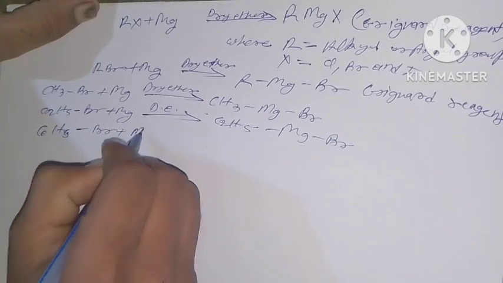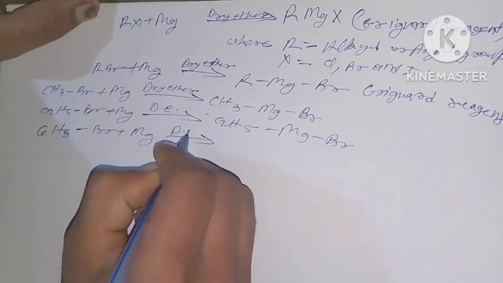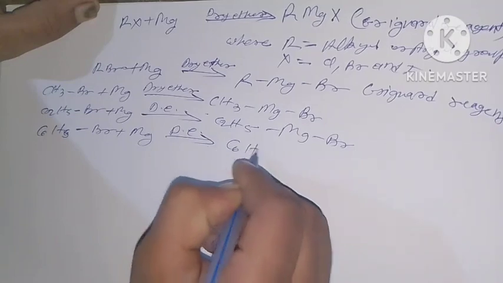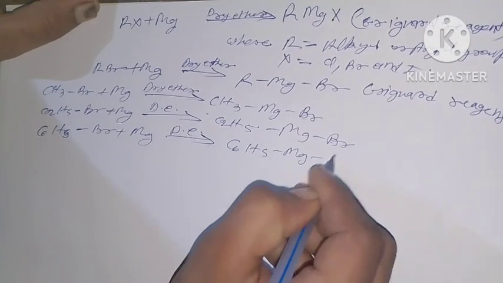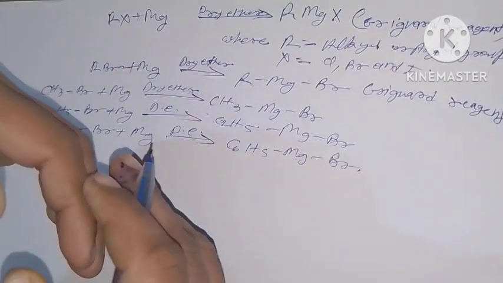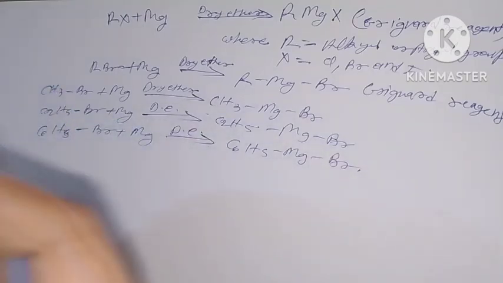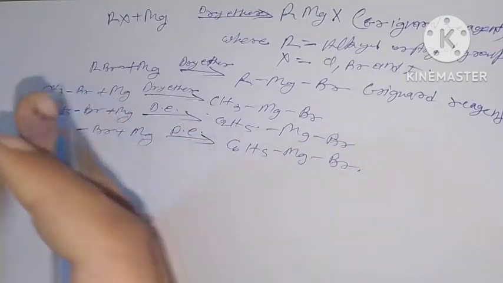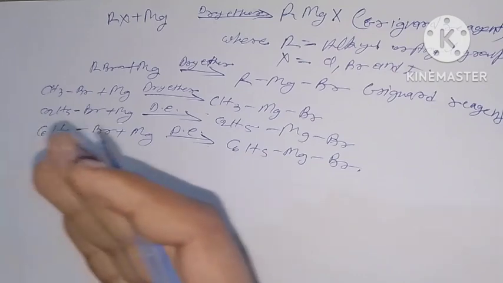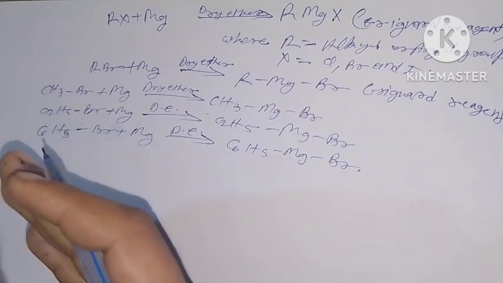C6H5Br plus Mg in dry ether gives C6H5MgBr. Grignard reagent is very useful in organic synthesis. It is used as an intermediate for the preparation of a variety of compounds.